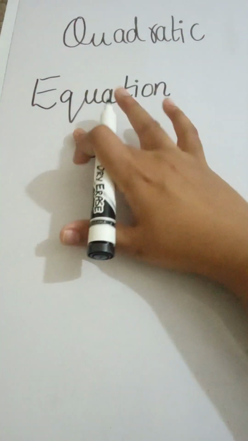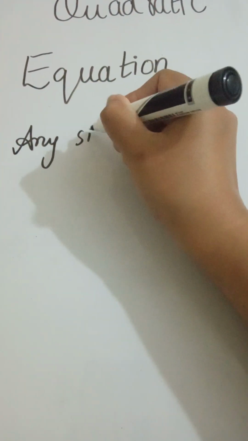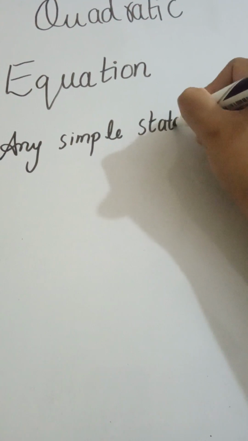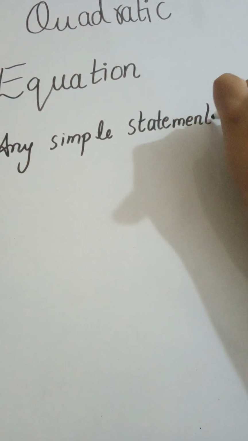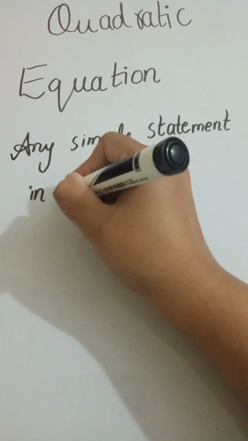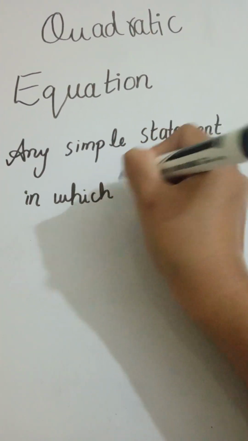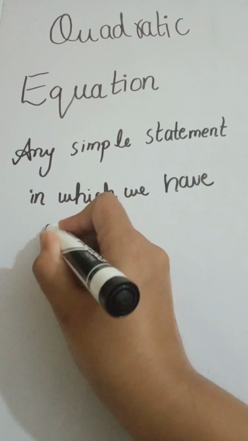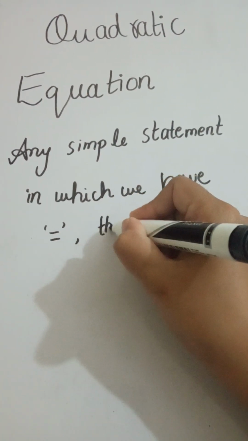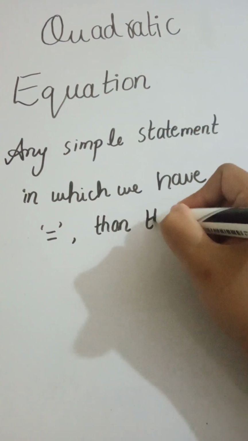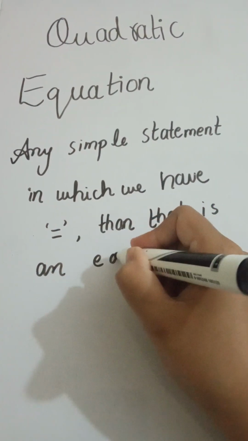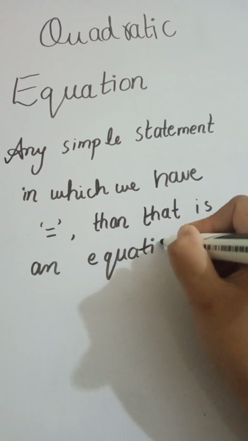In simple form, we can say that any simple statement, maybe it's of maths or any other, in which we have the symbol of is equal to sign, then that is known as an equation. Okay, so I hope equation will be clear to you.